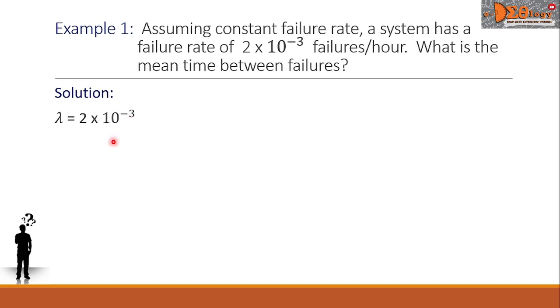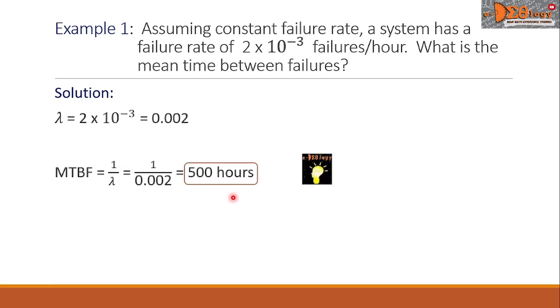We can express this as decimal as 0.002. Our formula for the mean time between failures, or MTBF, equals 1 over lambda. We simply substitute the value of lambda. It becomes 1 over 0.002. When we simplify this, we will get 500, and this is in hours. This is the final answer.